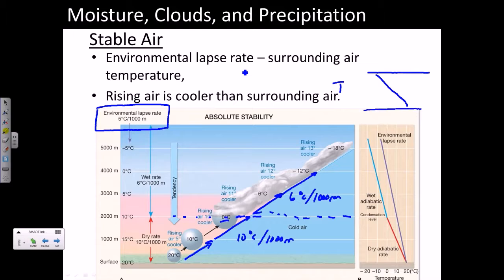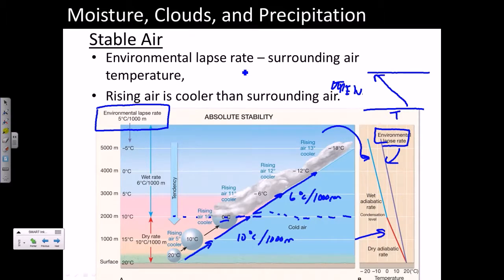Okay, actually this should be temperature and this should be elevation. So temperature is decreasing as elevation increases. So the environmental lapse rate here is the natural temperature change, and then this over here is the temperature change in the parcel, the red line shown here.